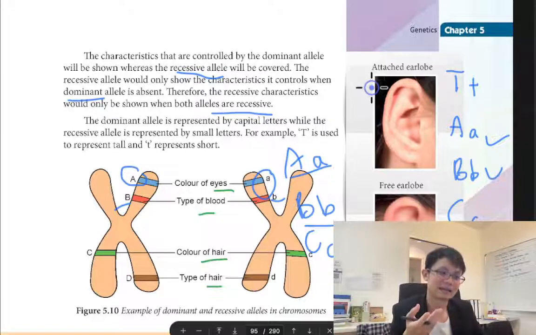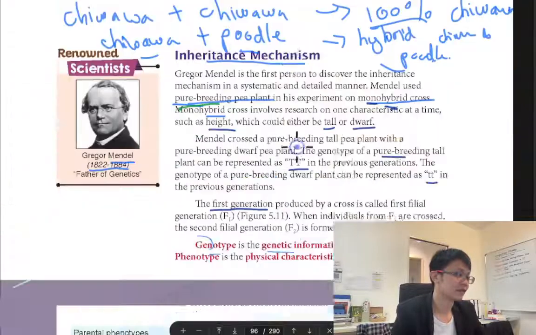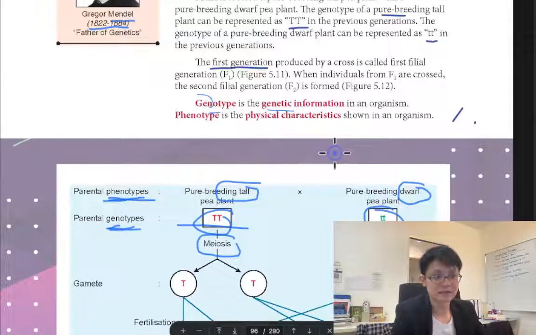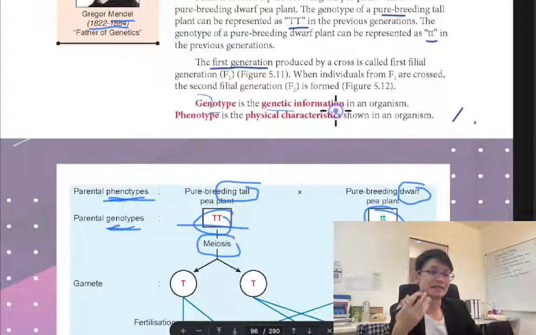Then you say it's the allele, either dominant or recessive. Let's say the question asks what are the things that contain the genetic information of the organism. Then you write genotype, because genotype means the genetic information. Even though it's almost the same, there is a different usage.